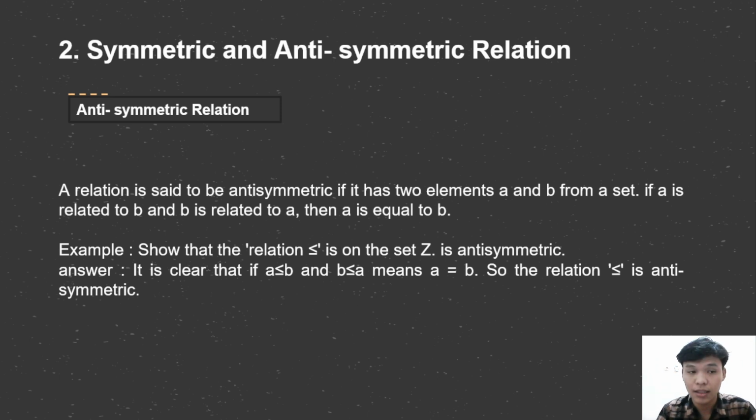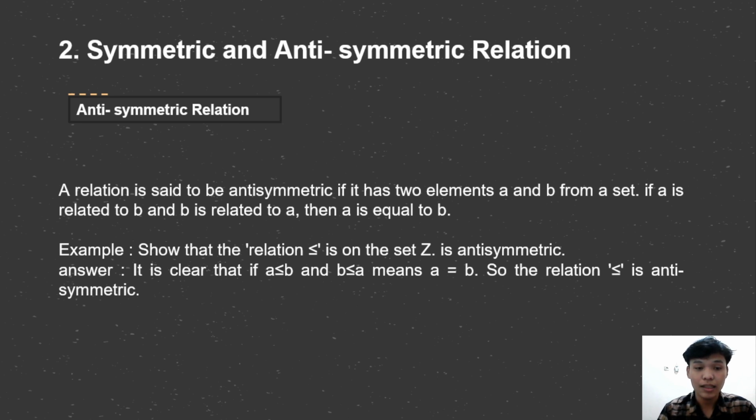Antisymmetric relation. A relation is said to be antisymmetric if it has two elements A and B from a set, and if A is related to B and B is related to A, then A is equal to B. For example, show that the relation less than or equal to is antisymmetric.